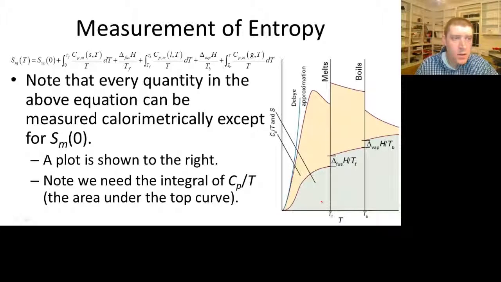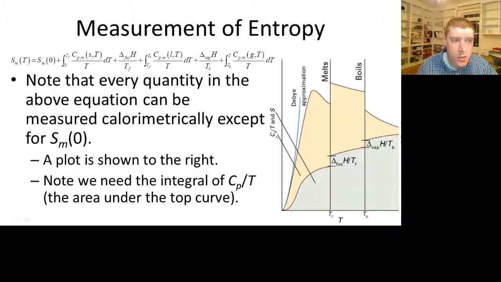So we have on the bottom curve here, this gray portion, that's the entropy. And the top curve, the area under the curve is the total entropy.